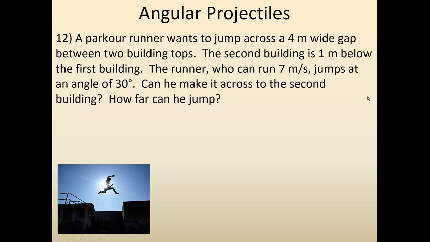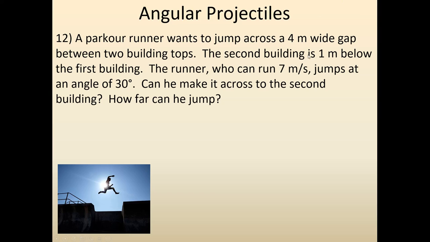Does he make it across to the second building? Because we don't know if he makes the 4 meters, maybe he jumps a little bit less, maybe he jumps a little bit more. We don't know at the end of the problem when he lands if he's going to be 4 meters across. I can't put the 4 into my chart.